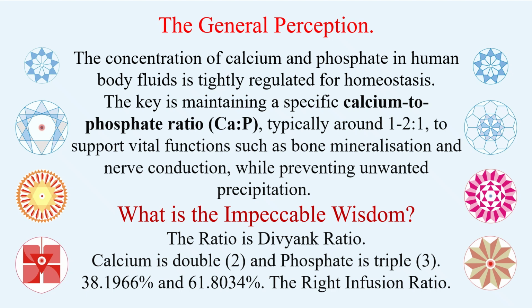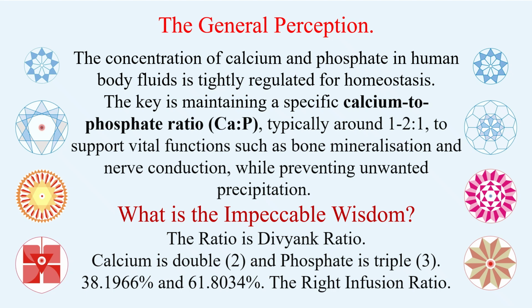Now the second statement, which is very important, which we see or read in general perception, in the books, in the research. The key of maintaining a specific calcium to phosphate ratio, typically around 1 to 2 into 1. That means it is non-specific.